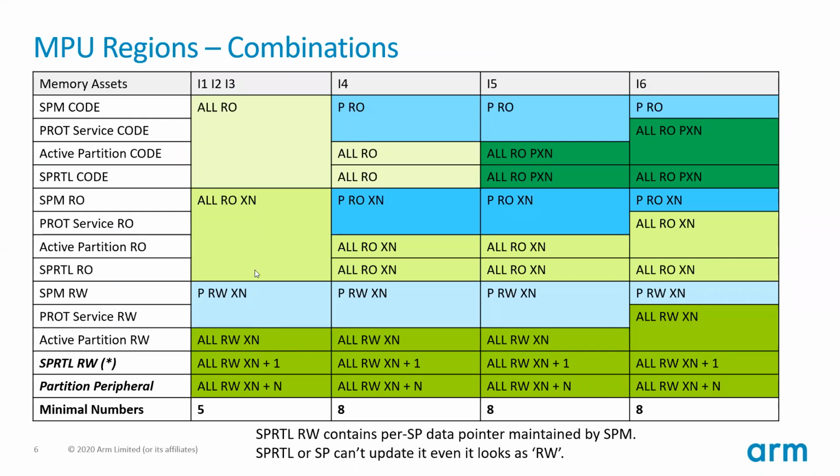For example, let's take the I1283 implementation. I think only the active partition read-write needs to be updated dynamically, which means the upper three regions above are just defined statically. They don't need to be changed dynamically, I think.